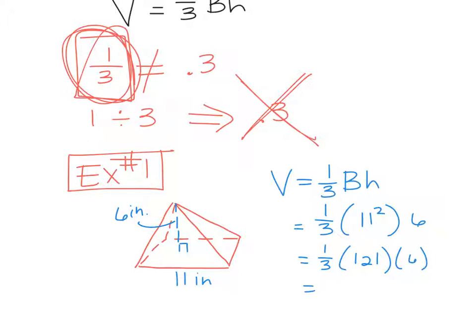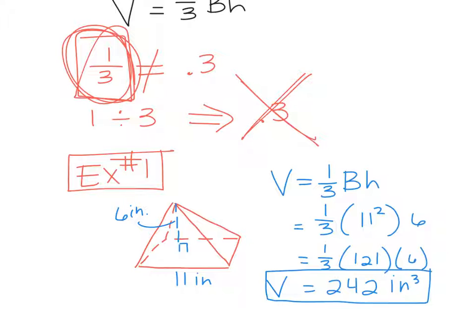And that will give you a volume of 242. How do you label that? Cubic inches. Okay, so nothing fancy to that one, right? You have your numbers. It's a matter of find the area of your base, plug them in, and you're good. Fairly basic, fairly simple, hopefully.